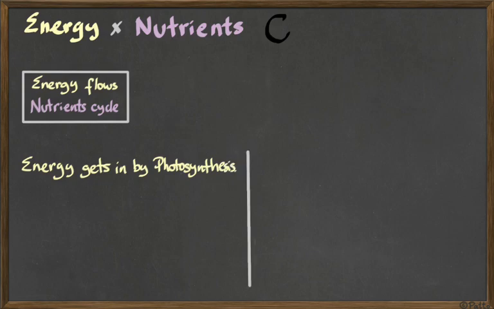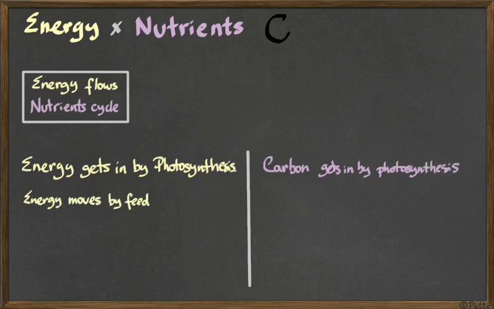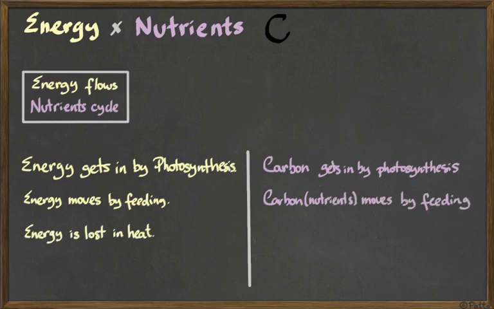What about nutrients? Carbon gets in by photosynthesis. Energy moves by feeding. Carbon also moves by feeding. No difference there. Energy is lost in the form of heat, and carbon moves out by cell respiration in the form of CO2.